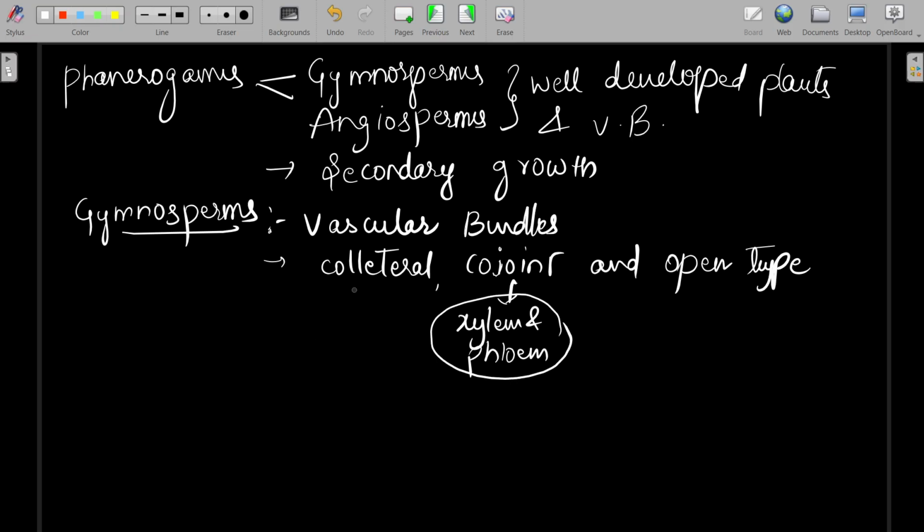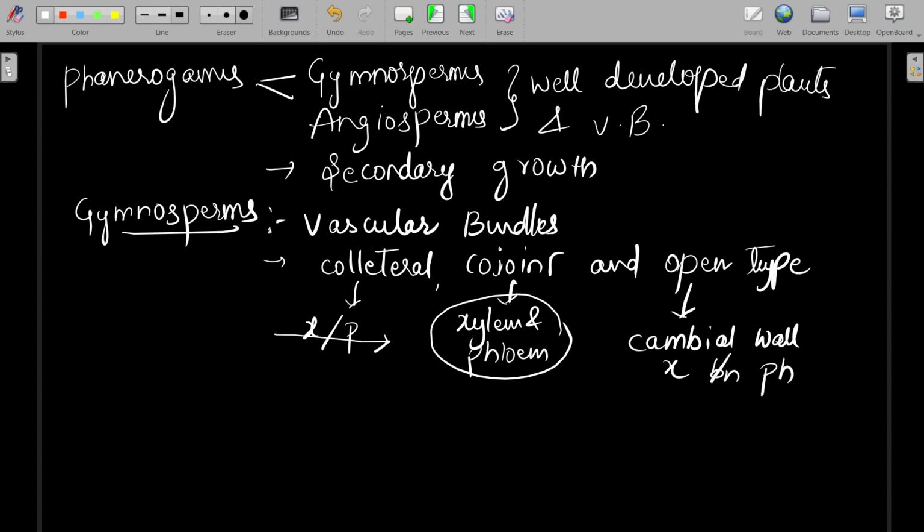Next, collateral means xylem and phloem both on the same radius. Next, open. What is open? If there is a cambium between the xylem and phloem, this type is called open type.